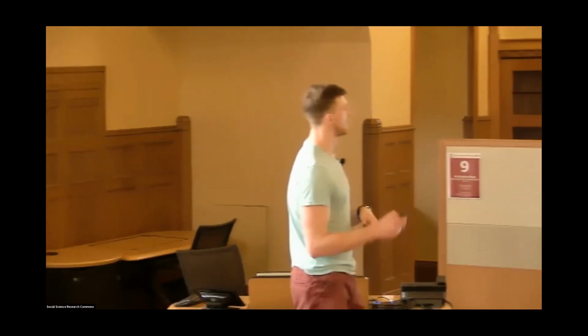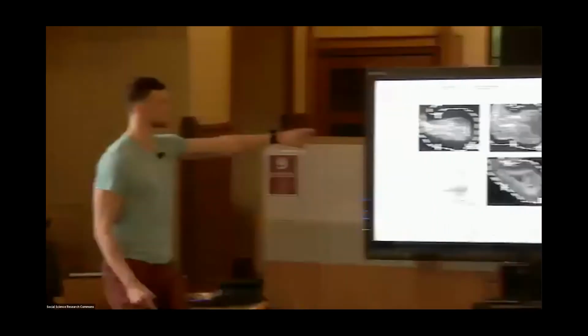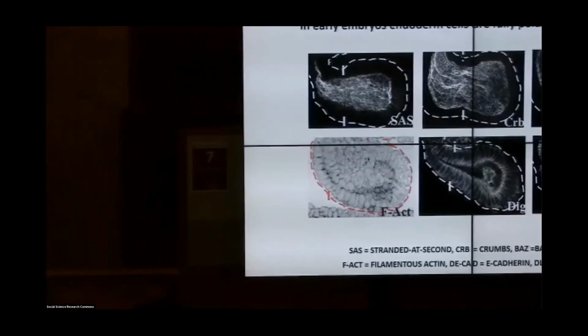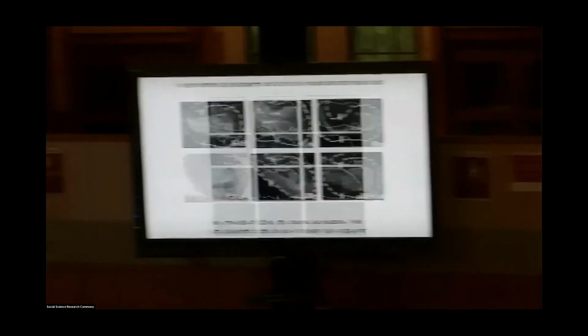We've also shown that E-cadherin, a molecule necessary for adherens junctions between cells, is highly expressed in this epithelial group. We've also looked at a number of different polarity markers, such as stranded at second, crumbs, bazooka, F-actin and DLG, and also E-cadherin, to determine whether things are downregulated, and whether apical-basal polarity and adherens junctions are maintained.